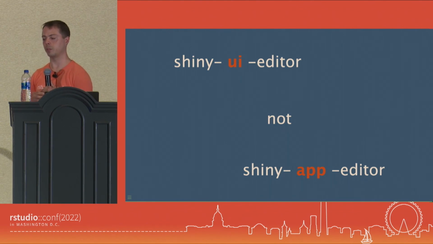We don't want you to have to be an expert web developer to create nice-looking layouts for your app. So the UI editor is the UI editor, not the server editor. It's not a full no-code solution. That being said, there are solutions out there that are full no-code that write the server code for you. And there's actually a talk coming up after this that I'm pretty excited to see does just that.